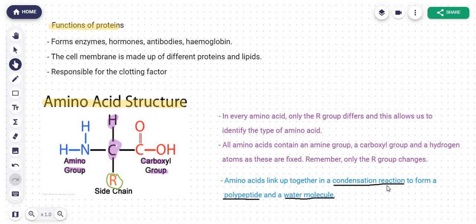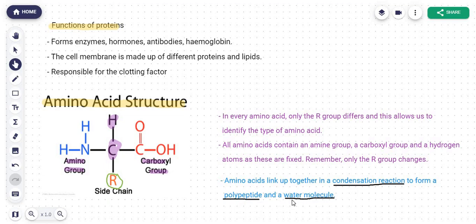And during the formation of this bond, or several bonds, a water molecule is eliminated. It is removed. So at the end, you have your product plus water molecule. And this is exactly how your amino acids link up together to form a polypeptide. And that is why a water molecule is also made, to form a polypeptide and a water molecule, right?